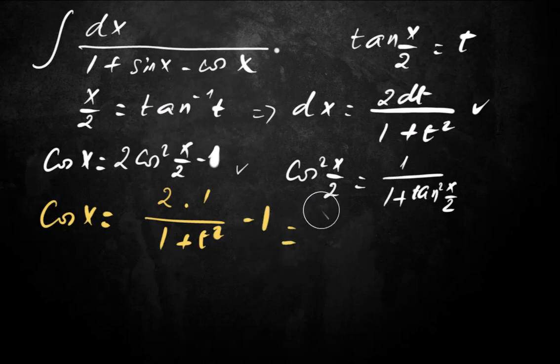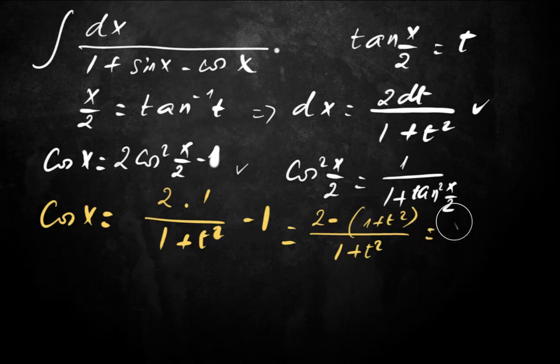So we put in the same denominator here. We get 2 minus the quantity 1 plus t squared over 1 plus t squared. So that leaves us with 1 minus t squared over 1 plus t squared. So we have the value of cosine x in terms of t. So how about sine x?